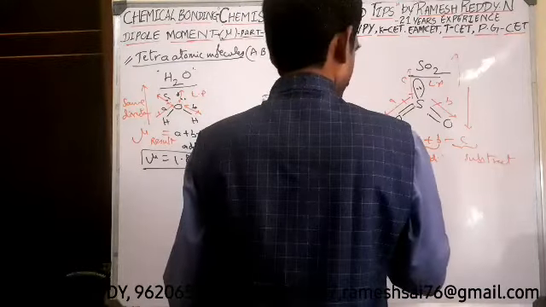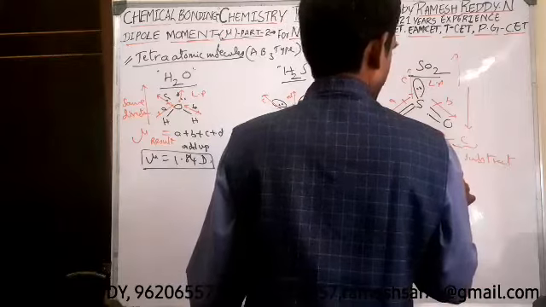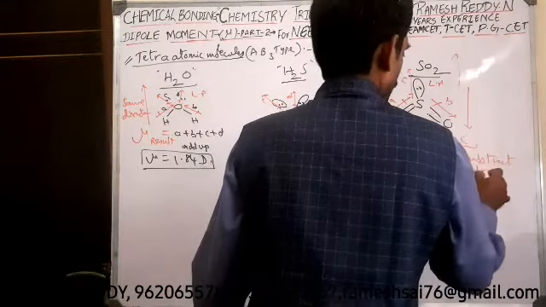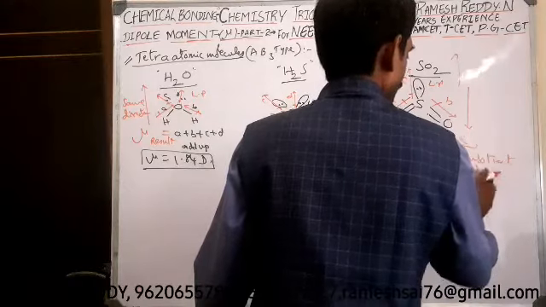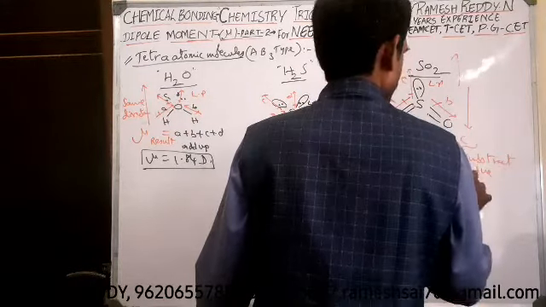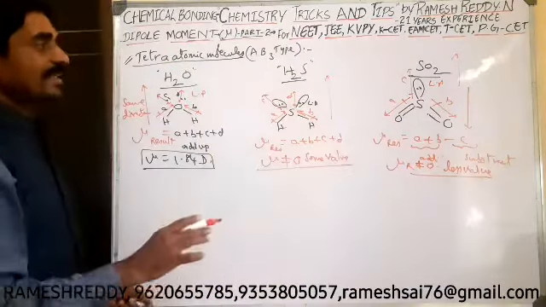The resultant dipole moment is not equal to 0, but it is a small value, because the A plus B value is partly cancelled by C. Got it? This is clear, my dear students.